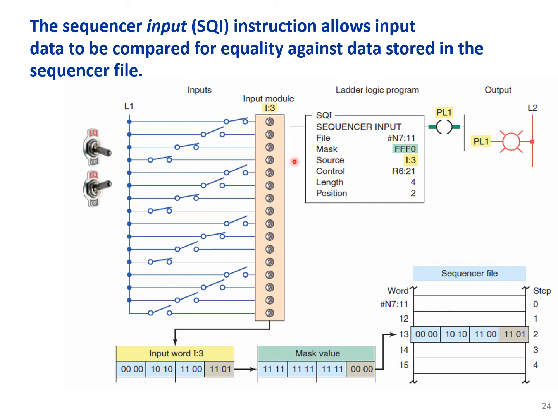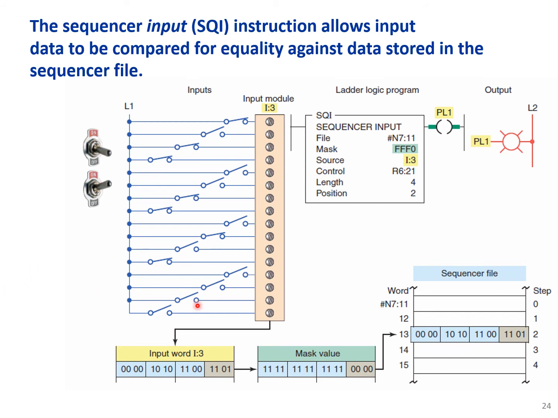These inputs are different from SQO, yes? On SQO, we had an input to trigger the sequencer and move through the table. But here, we have inputs equal to the number of columns in our sequence file.